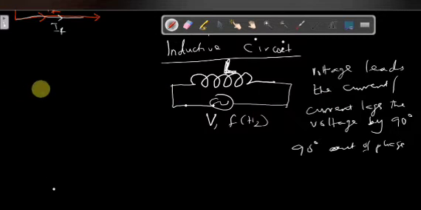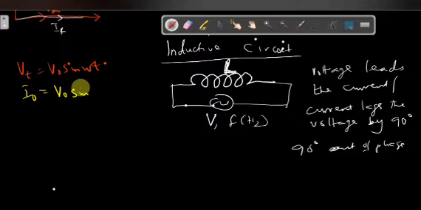So in this case, the voltage V of t is equal to V naught sine omega t. Okay, then the current I naught will be equal to V naught sine omega t minus phi.